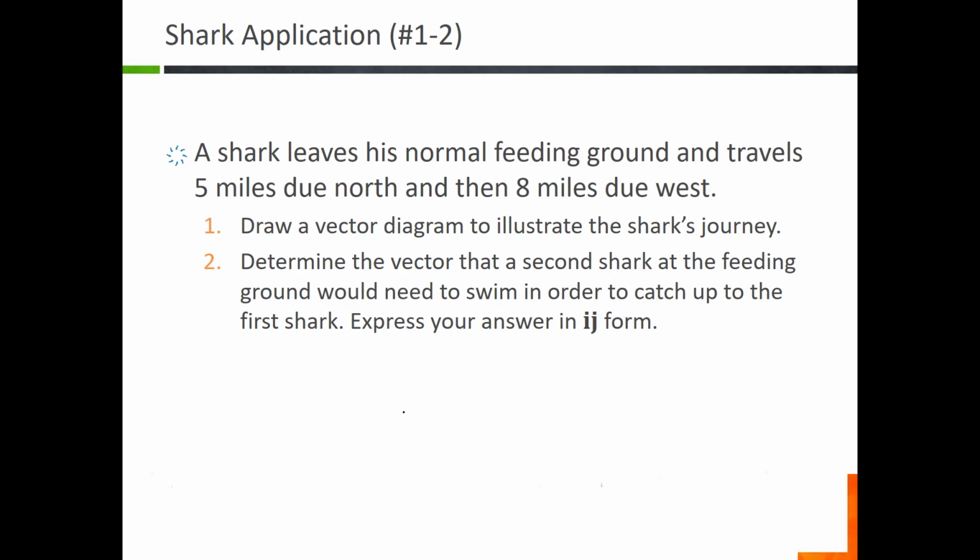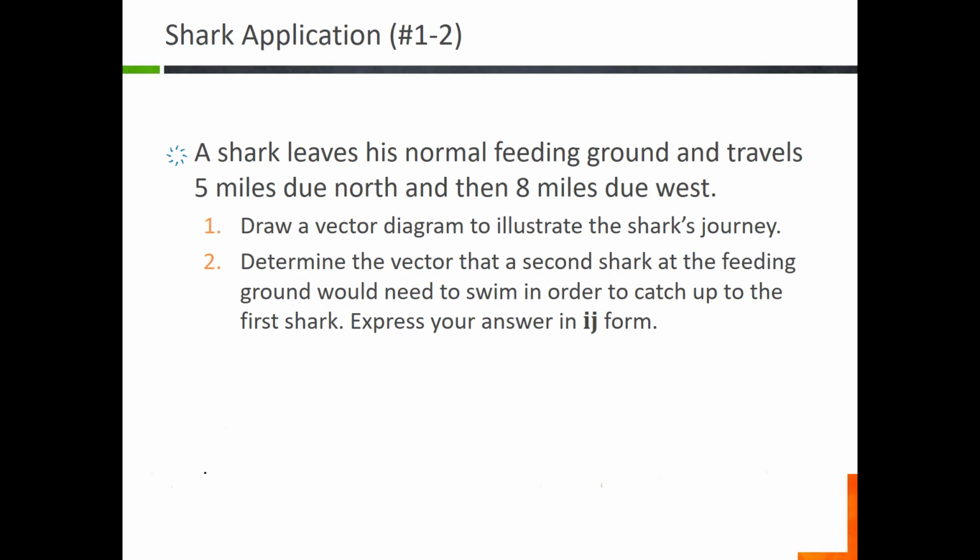He's got a really good nose for direction. We want to first draw a diagram that illustrates the journey the shark makes, and then determine the vector a second shark would make if he started at the feeding ground and tried to swim and meet up with the first shark. We want to express our answers using our i, j form.